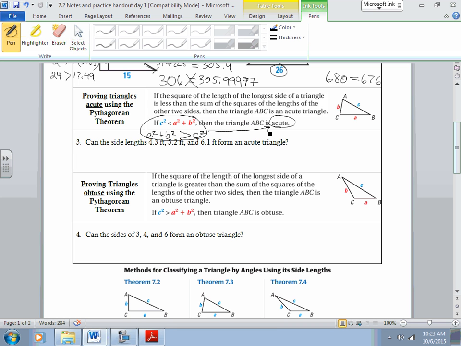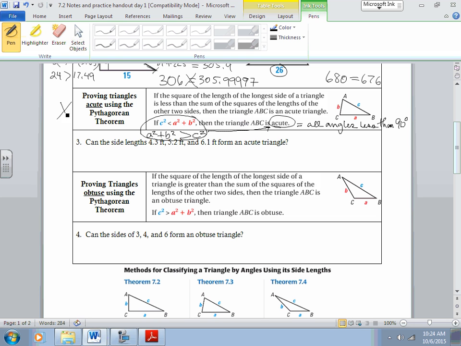So acute means all angles less than 90 degrees. Put that in your notes. Acute means all angles less than 90 degrees. Okay?